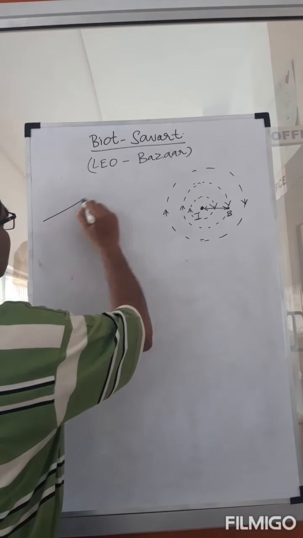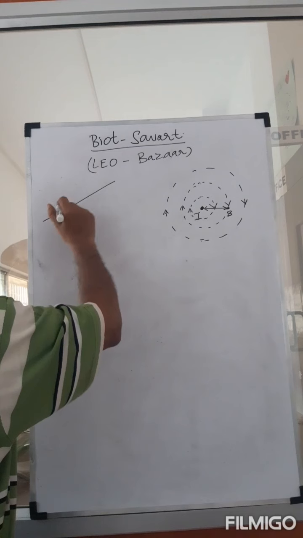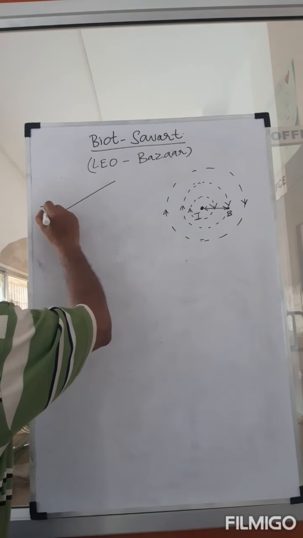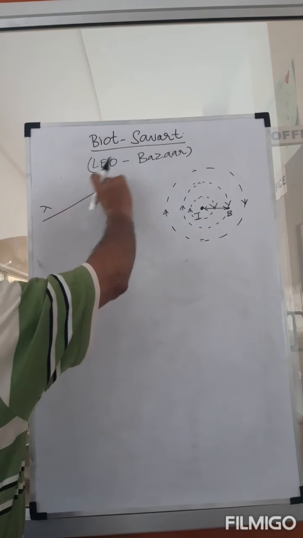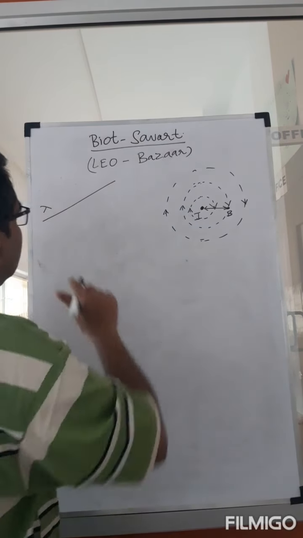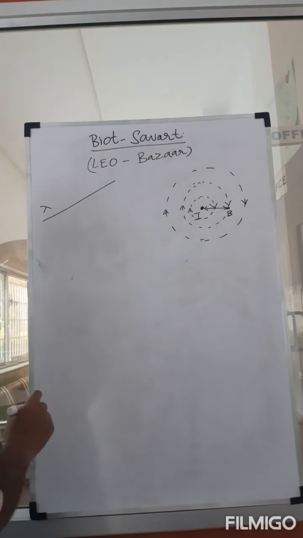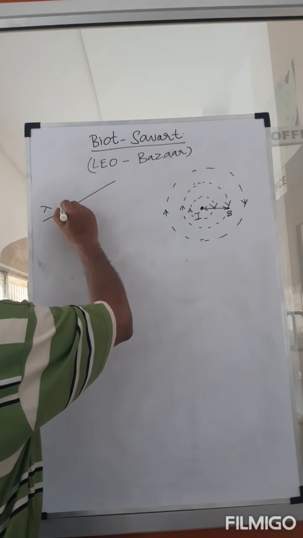Now let's take it further. I have an infinitely long wire which carries electric charge Q, with linear charge density lambda. Suppose I take a very small length dl.